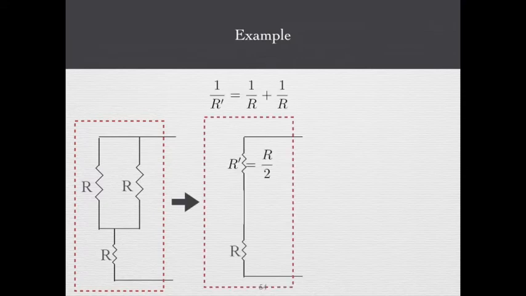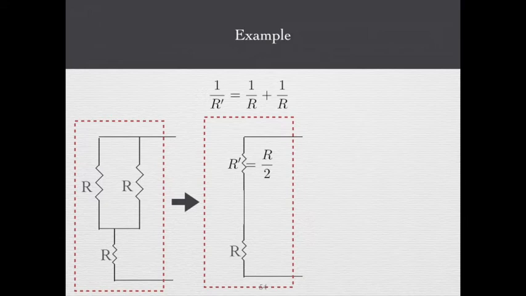If the top 2 resistors are in parallel, I can replace them with the effective resistance. This effective resistance can be found by adding up the inverse of each individual resistance, like 1 over R plus 1 over R, and then inverting the entire value. Then I'll get the effective resistance for the top 2 resistors.